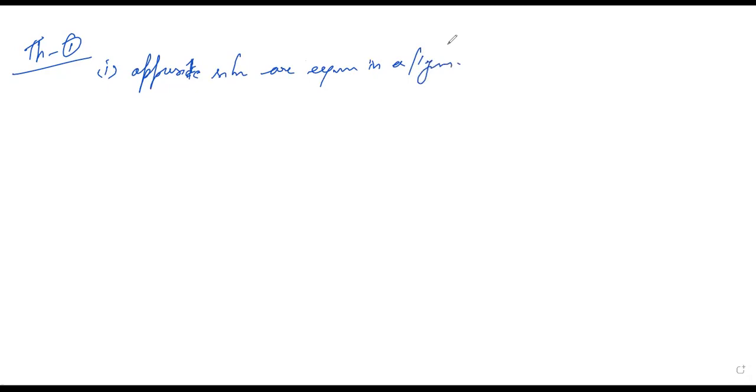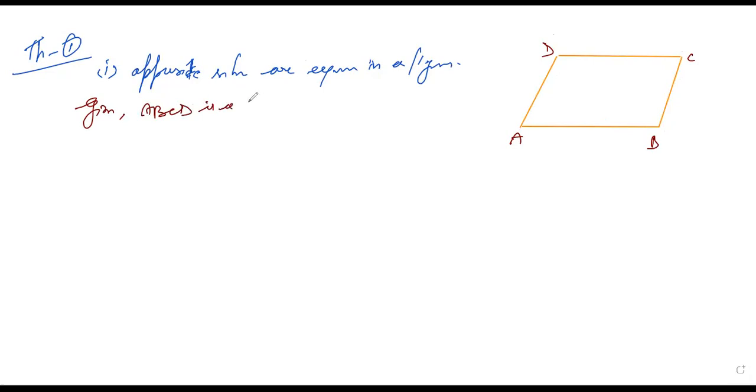Say, as an example, you have been provided with a parallelogram ABCD. The name I will give later on, just a minute. Here is the figure, and it has been given that ABCD is a parallelogram.